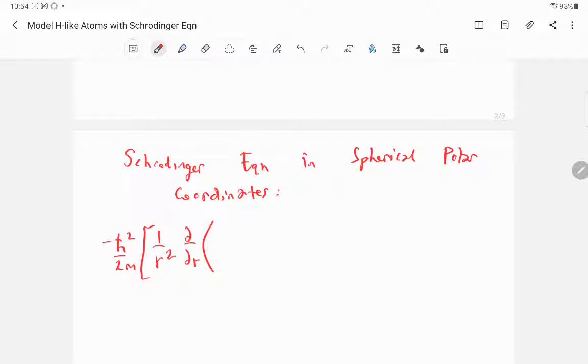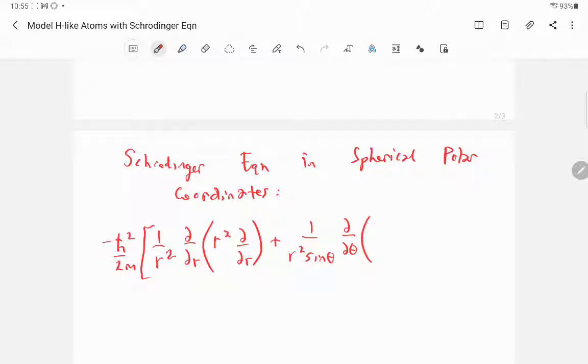And then, what's really strange is you put an r squared and a derivative with respect to r. And then you follow that with a 1 over r squared sine of theta. And here is a derivative with respect to the polar angle, so d by d theta.